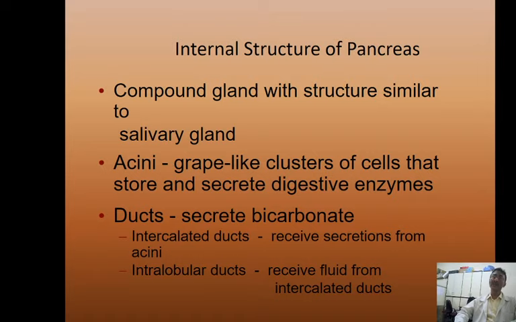Lobes are multiple. Lobes are broken down into further lobules, lobules into further smaller lobules, and ultimately we have small acini. So basically, the whole of the pancreas consists of two basic structures. One, the acinar cells or the acini, and the other is the ducts.